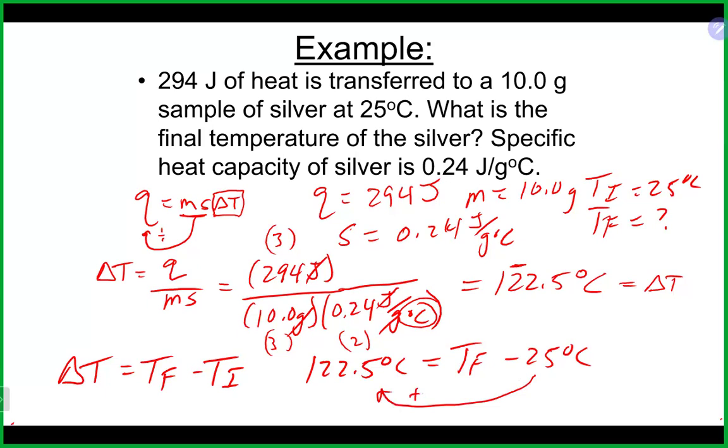And that's going to give me, when I add that to the other side, about 147.5 degrees Celsius. At this point, I can now really clean up the sig figs. So once again, this technically should have been here, which really should have been like 120, which means the last thing I did was add, in this case, 120 with no decimal places and 25 also with no decimal places, which means my final answer here should actually go to no decimal places.